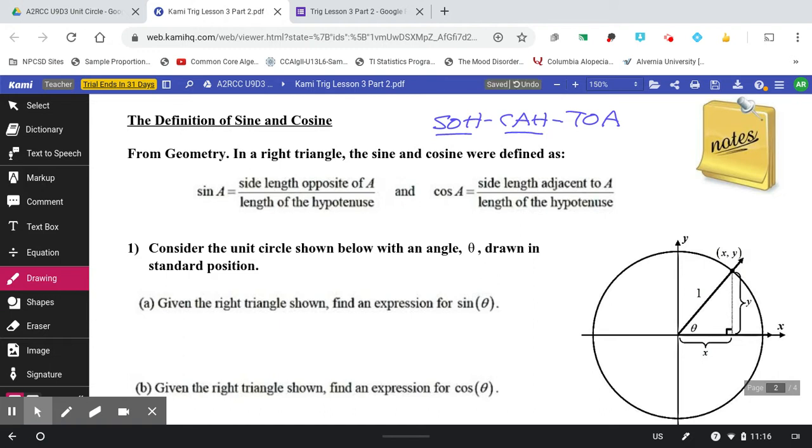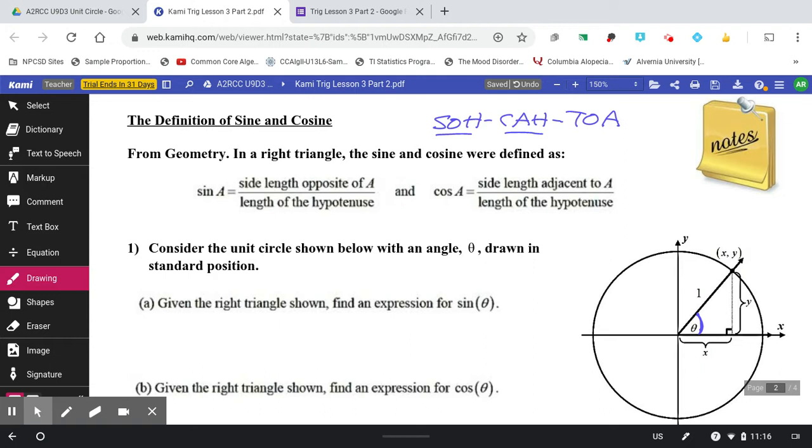Now we're going to look, in terms of trig, at what the definitions for sine and cosine are. If you look at the unit circle on the right-hand side here, you can see that we have angle theta in here. It could be any angle, and it's drawn in standard position.